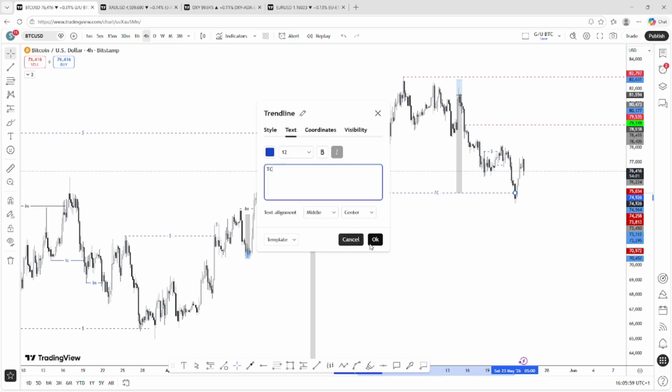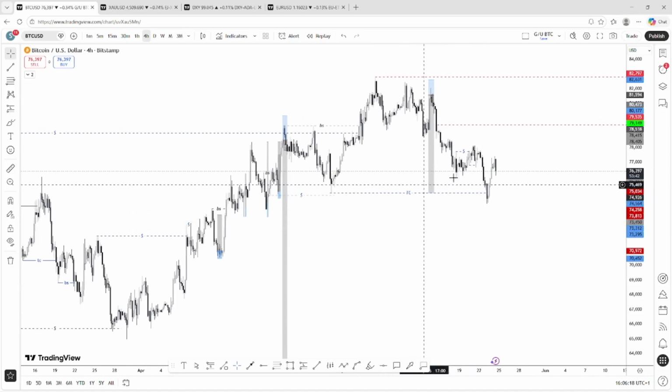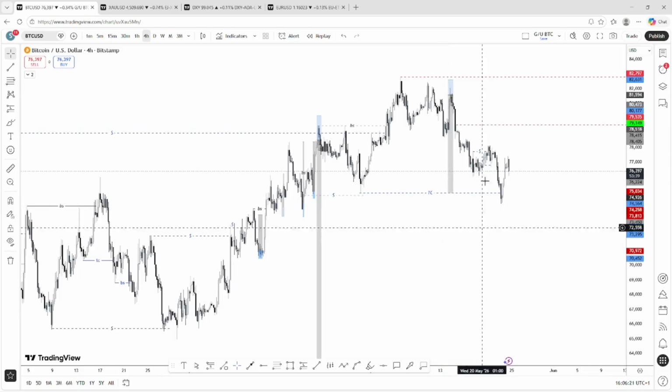And take this as a change of trend or trend change. It can be a sweep of liquidity, but it makes sense to take it as a character change, or trend change.